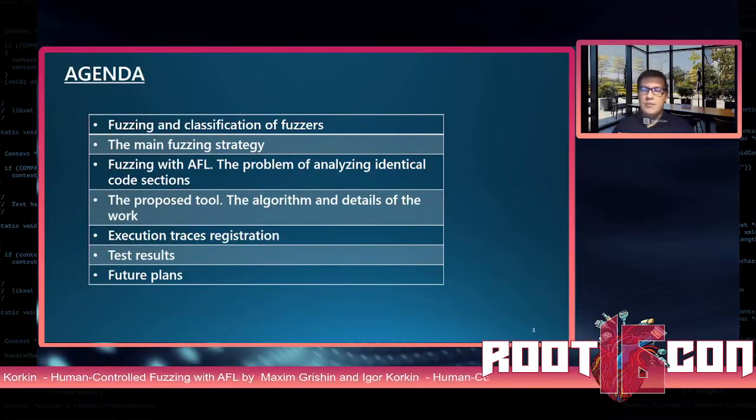In the next step, I will show you how to solve the identical code analysis problem using the proposed tool. Finally, you will be able to watch test results of the tool, and at the end of my presentation, I will say some words about future plans of project development.